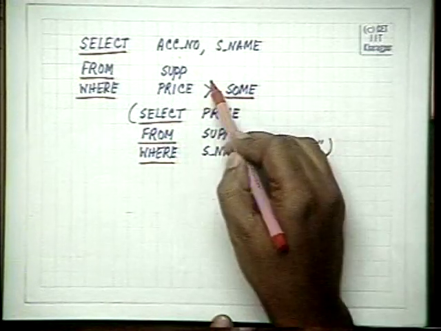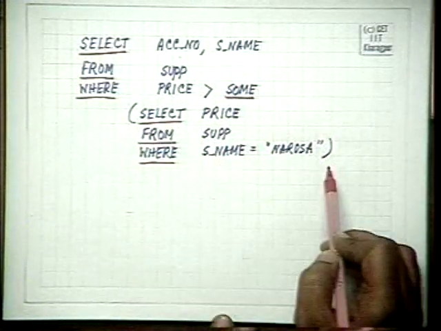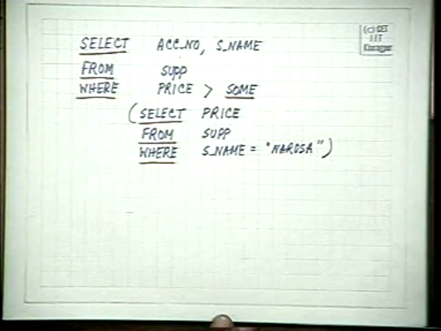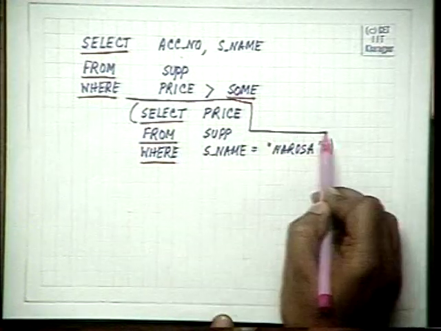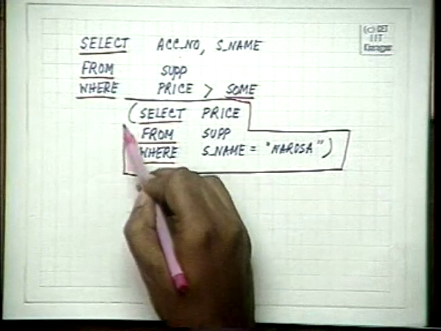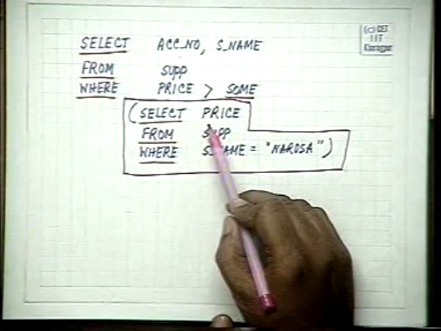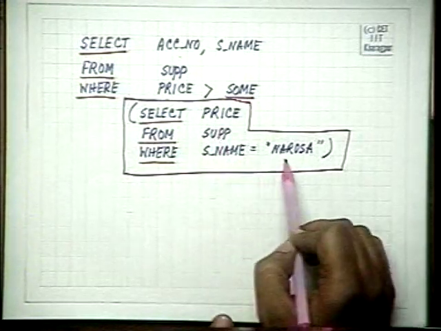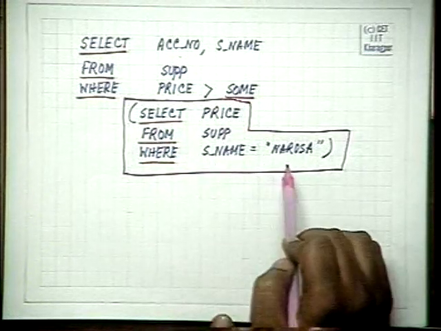These two together say that this is greater than some element in this set. Now, what is this set? This is the set of prices of books supplied by Narosa: select price from sub where S name is equal to Narosa.